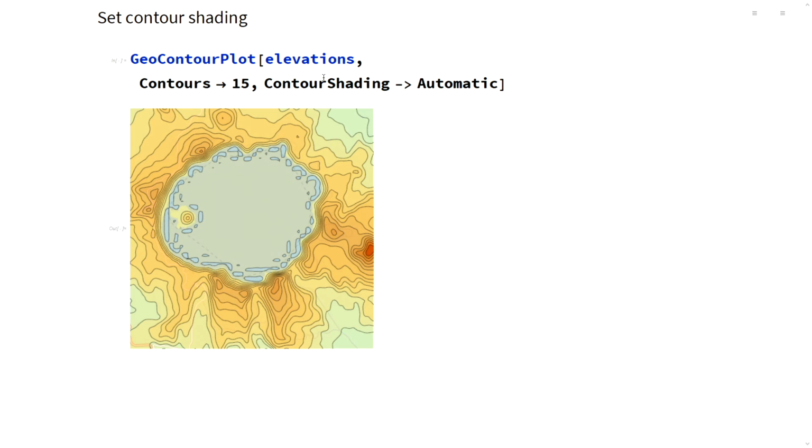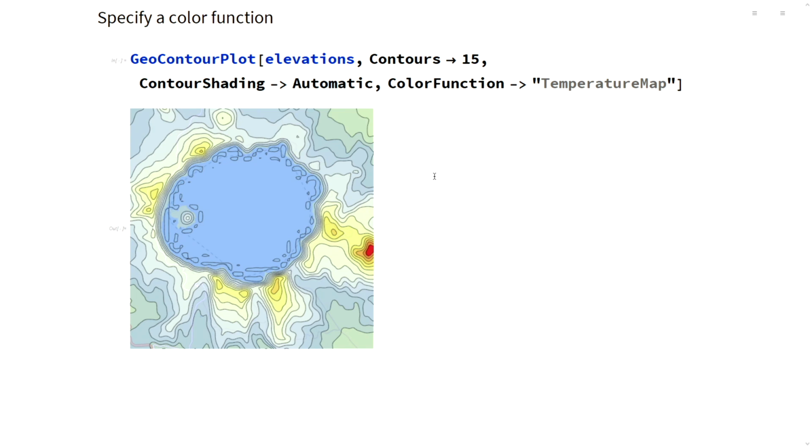So we can go further in more detail for the contours to be shown, right? Now, by default, we don't have any shading here, but we can set that up. So in this case, we are using a shading. Of course, each color depends on the color function and on the value, right?